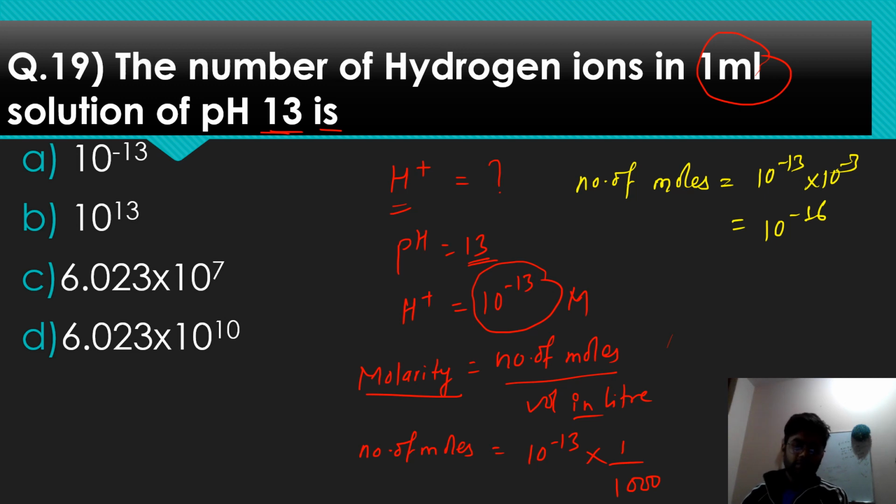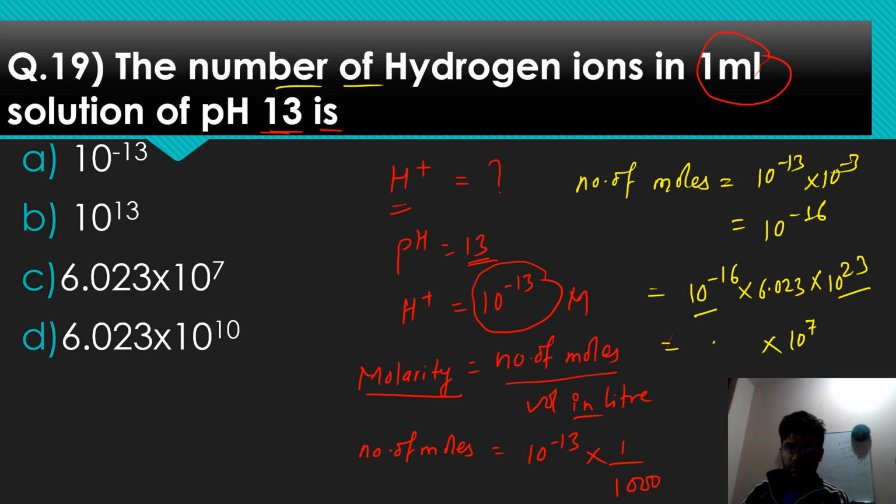And we have to calculate the number of hydrogen ions. Therefore, the number of hydrogen ions equals 10 to the power minus 16 into 6.023 into 10 to the power 23, that is Avogadro's number. Then we get 10 to the power minus 16 times 10 to the power 23, which gives 10 to the power 7.